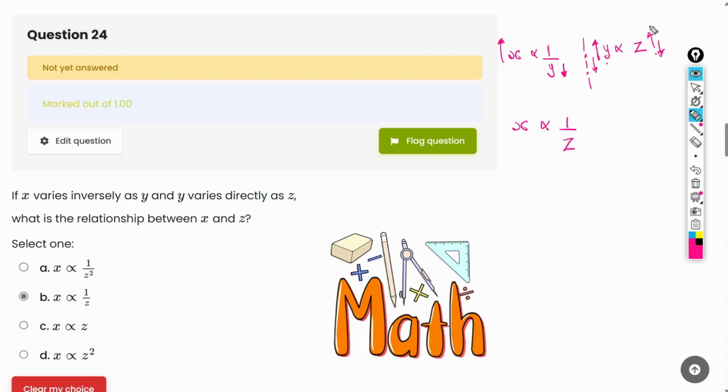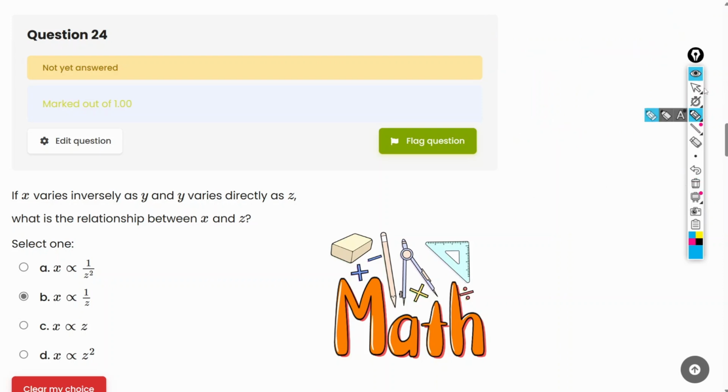If z is increasing, then y would also be increasing, and if y is increasing, x will be reducing. It means that they also have an inverse relationship. But the easiest thing to do is just to substitute appropriately.